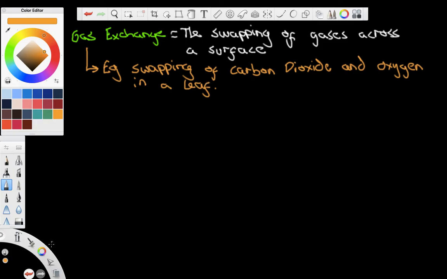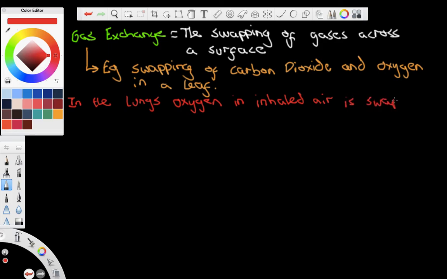However, in humans, so we can say in the lungs, oxygen in inhaled air is swapped for carbon dioxide in the blood.